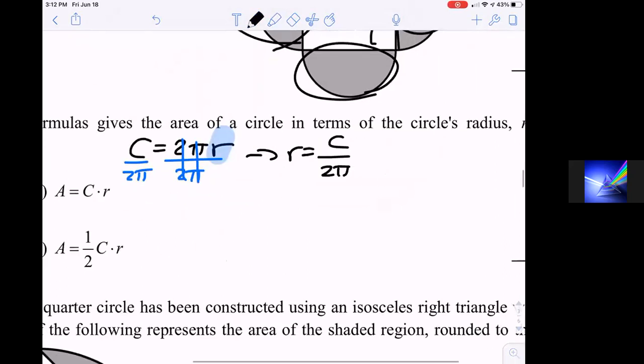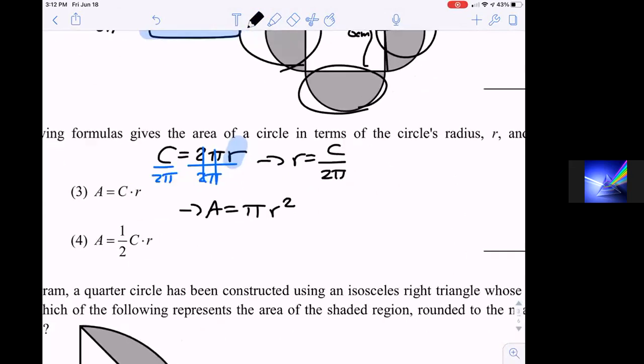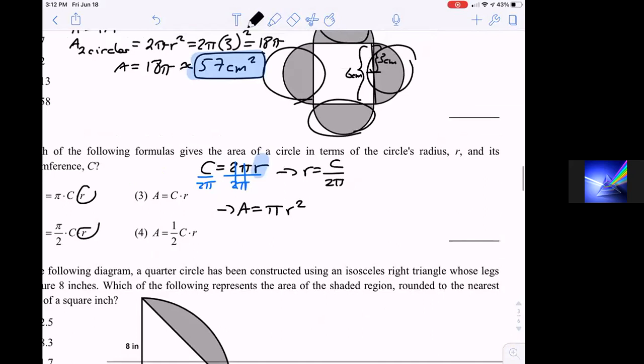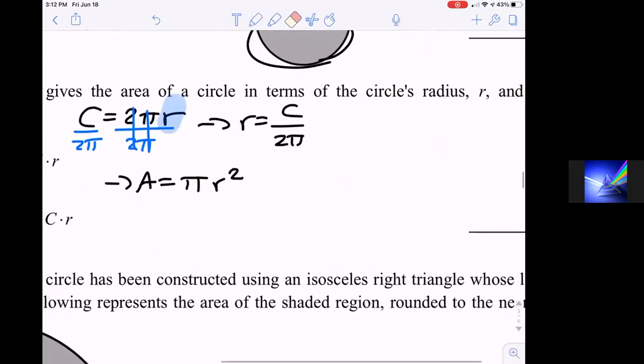Now we're going to take the area formula. Area is equal to pi times the radius squared. Notice the radius is part of each one of your answers. So we're going to split this up into pi times the radius times the radius. We'll just split up the radius squared into radius times radius, and we'll do that because we're going to substitute c over 2 pi in for one of these two radii.